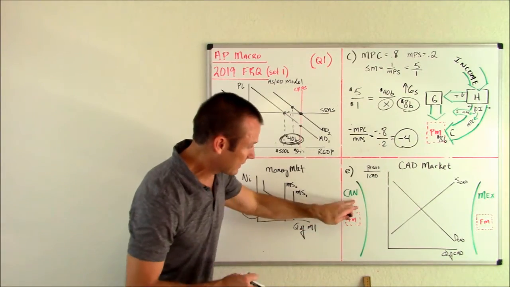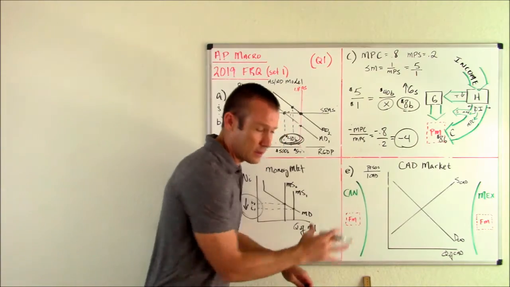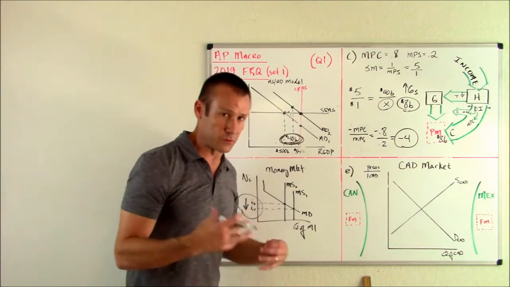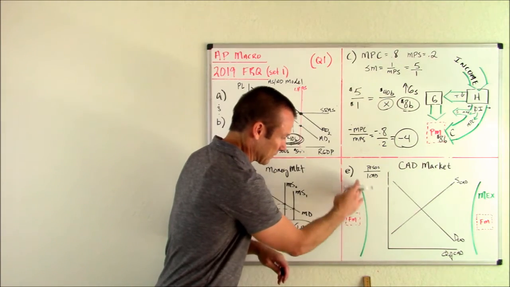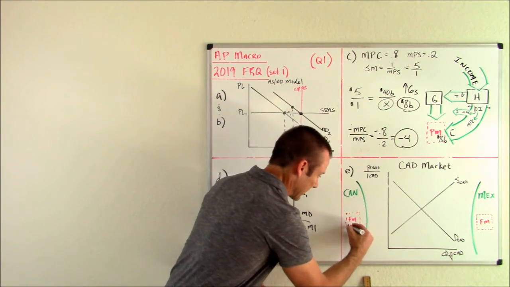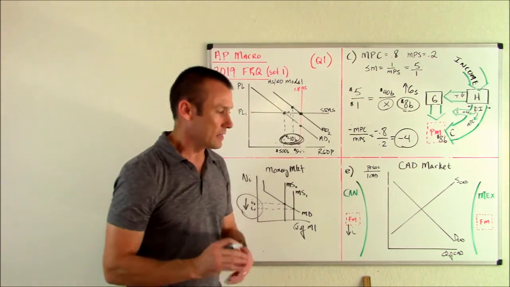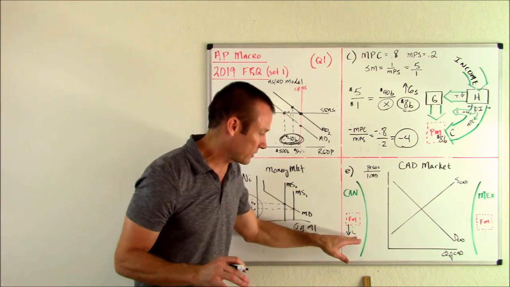Here's what's going on. In Canada, by the way, this little green line right here, that's the border of Canada, if you will, conceptually speaking. At the border of Canada, what's happening in their financial market is the interest rate is going down, okay? Ceteris paribus, no change in the interest rate over here, so we've got an interest rate change here.